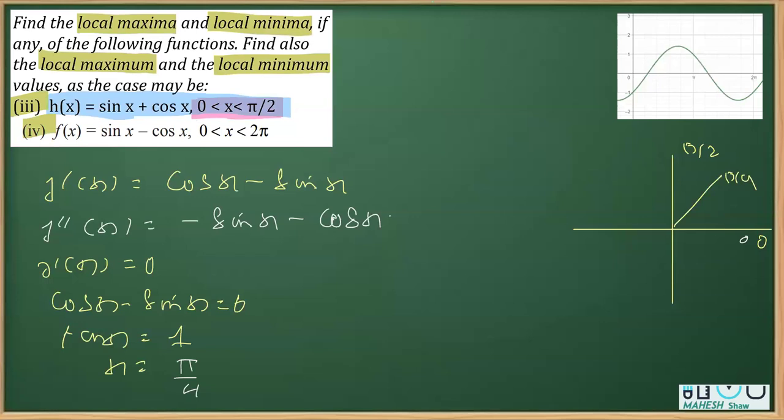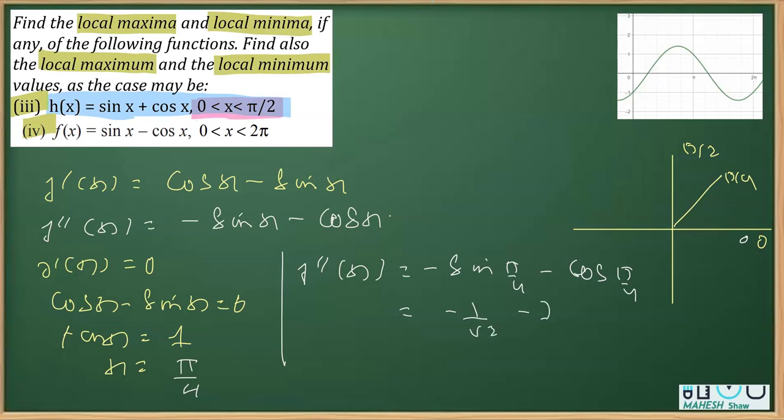Now I'm going to check the sign of the second derivative at this critical point, that means f double dash x. Placing pi by 4 here, it is minus sin pi by 4 minus cos pi by 4. This will give you minus 1 by root 2, and then again minus 1 by root 2. That is minus root 2 is what you are going to get.